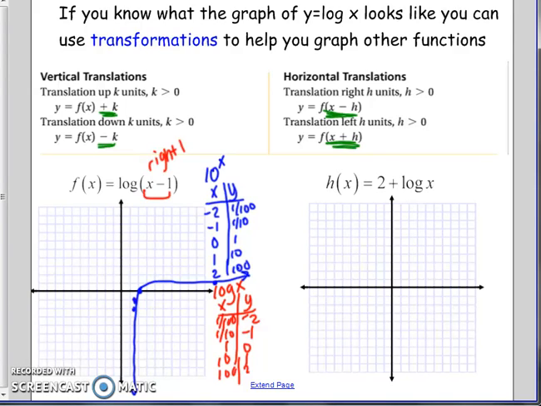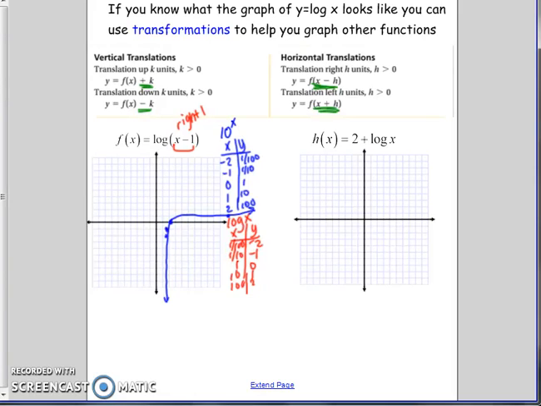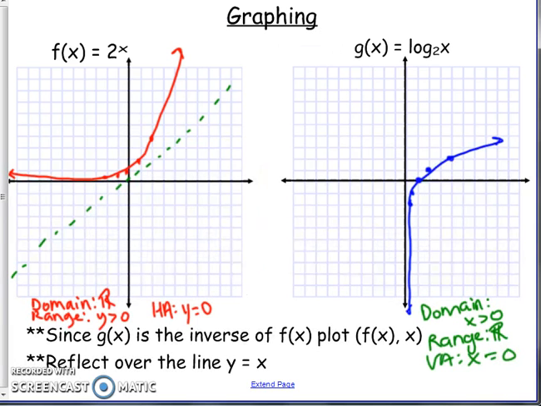And now, because I shifted it, my domain and my range and my vertical asymptote are going to shift. So my domain usually, in the other example, the log base 2 of x, when there was no shifting left or right or up or down, the domain was x is greater than 0.